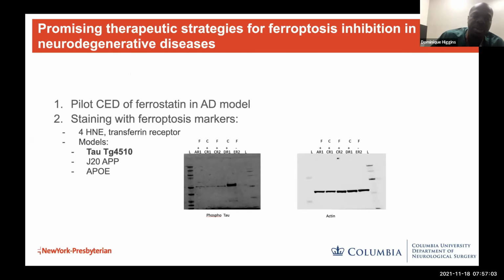We use this TG4510 model, which is based on tau phosphorylation. It has a pretty well-defined progression in terms of the pathogenesis from a cellular level as well as a phenotypic level. So we first implanted these convection enhanced delivery pumps into the mouse brains, and then saw if we can detect differences in phospho-tau with or without treatment.